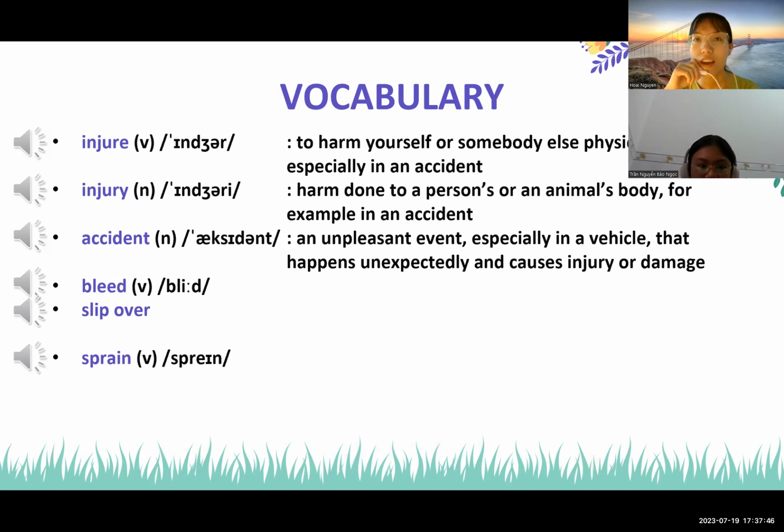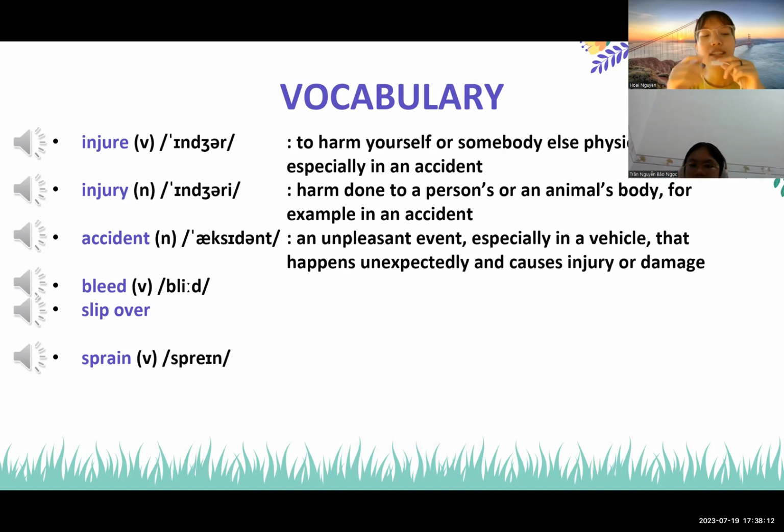Okay, I see. So you try to avoid seeing bad situations, especially an accident, when you are on the road, right? Okay, I see. If I were you, I would do that like you did.